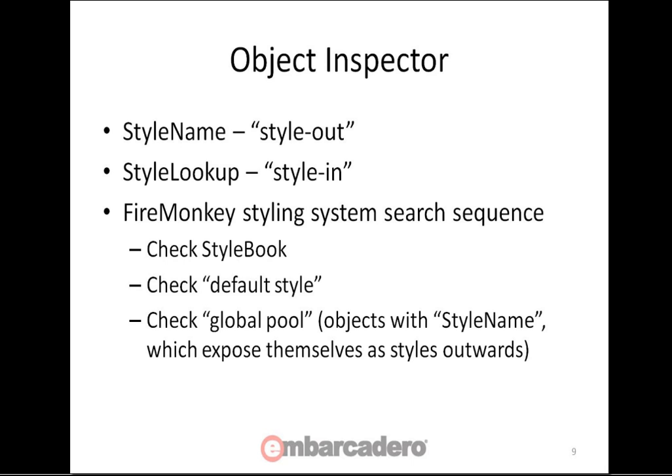Okay, thank you, Eugene. So it means that a rectangle, for example, can be used as a style, but it is not able to use some style. It has a style name, but it doesn't have style lookup, and that's okay.